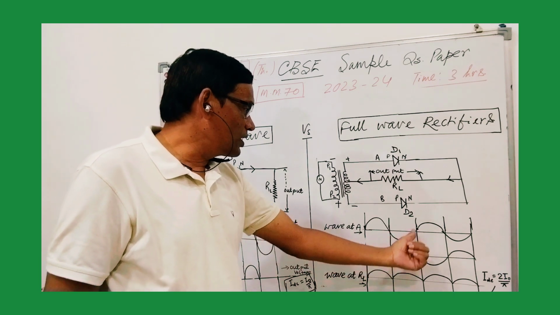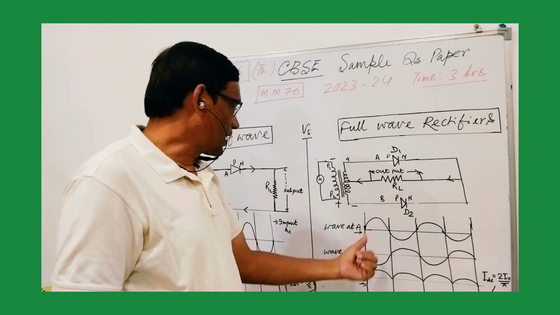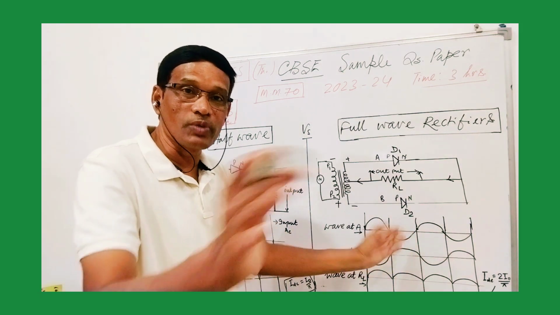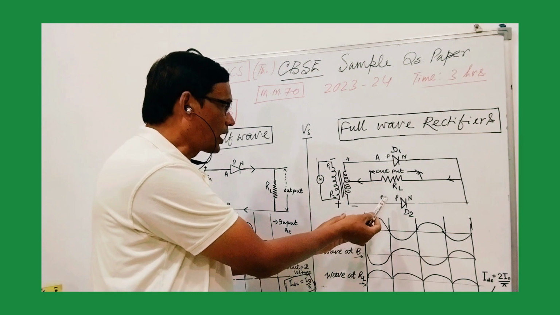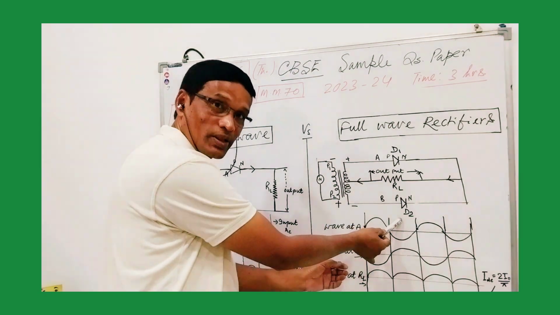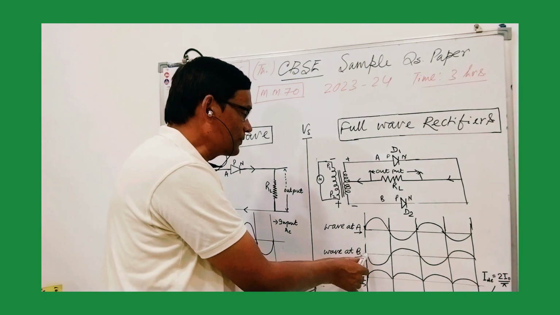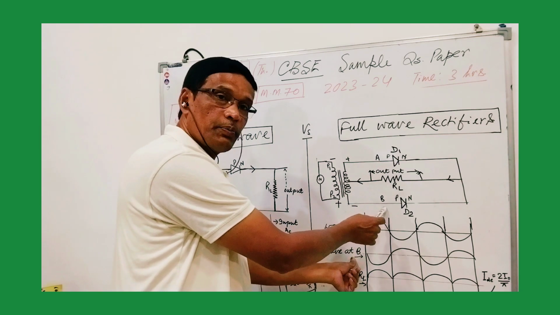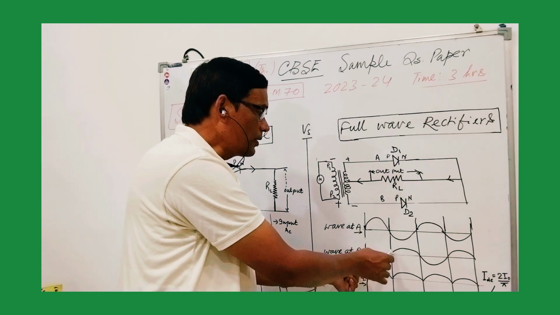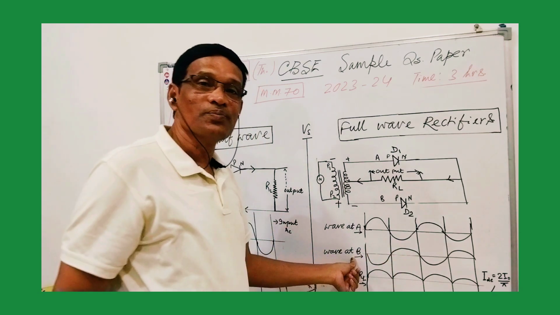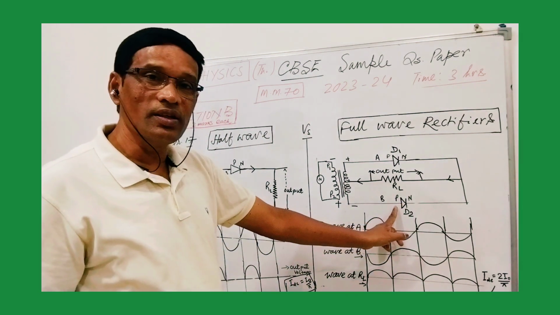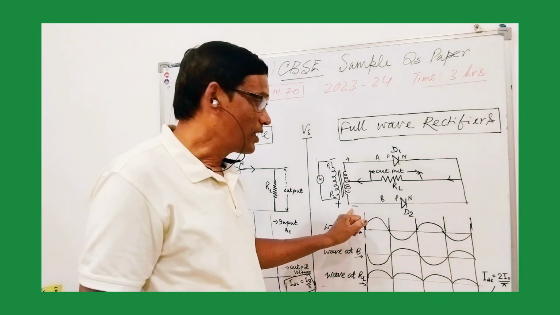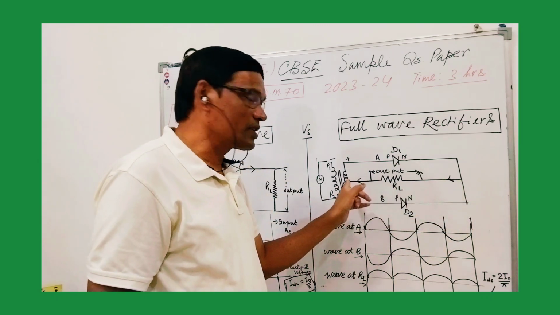And when the negative cycle happens here, diode D1 is unable to conduct because of reverse bias. But at that time, look at diode D2's condition: if the wave at B is positive, diode D2 will be connected to positive and N will be connected to 0.